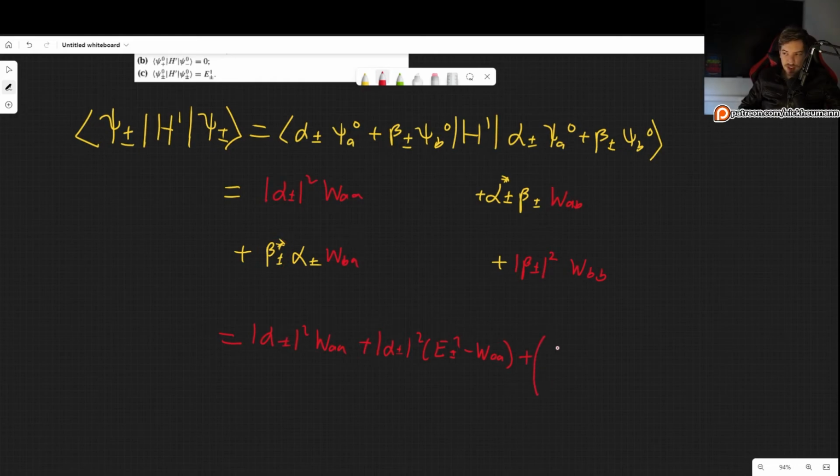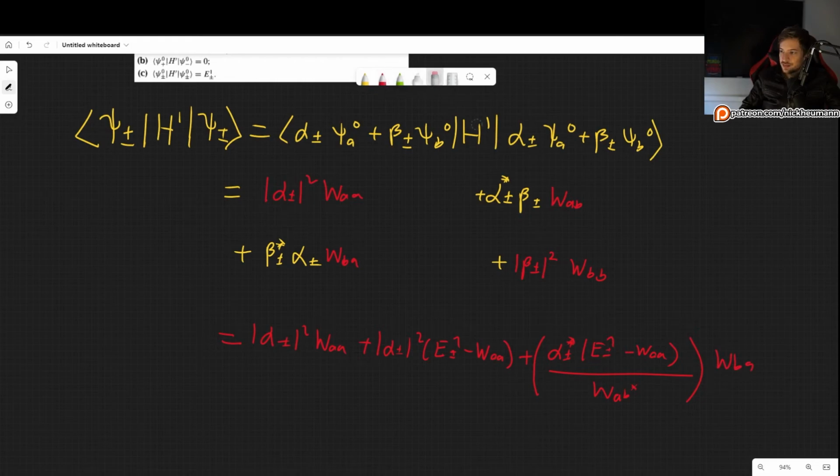So beta conjugate is alpha plus or minus conjugate, and then we multiply by E plus or minus 1 minus WAA, and then we divide by WAB conjugate, which is the same as WBA. And here we have to multiply by WBA.